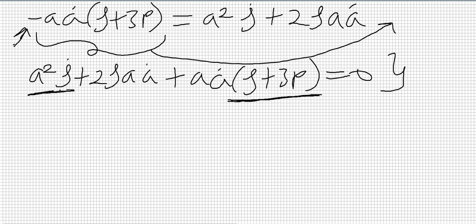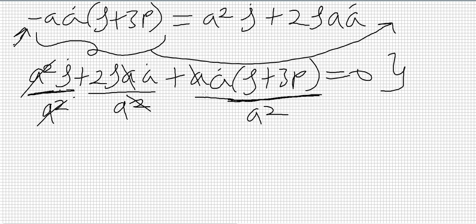So dividing all through this equation by a squared, we get this on a squared, on a squared, on a squared equal to 0. So this a squared cancels this a squared. An a in this numerator cancels out one a in the denominator, and a here cancels out one a in the denominator too.